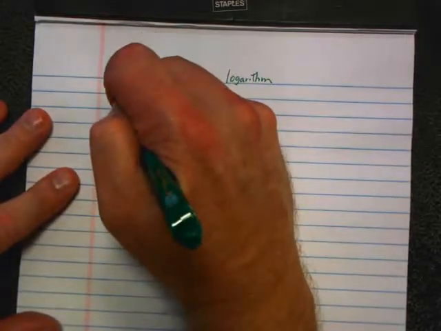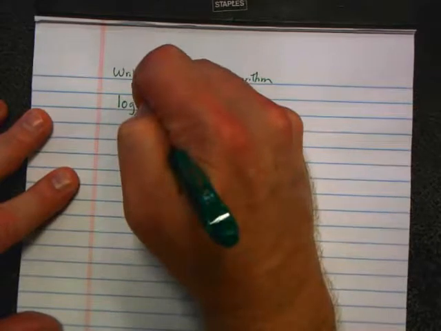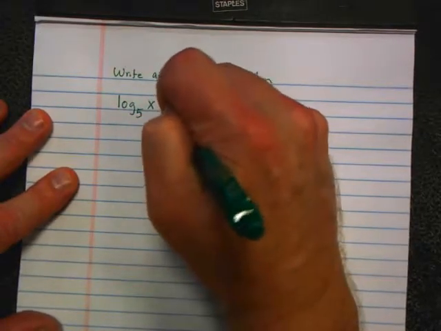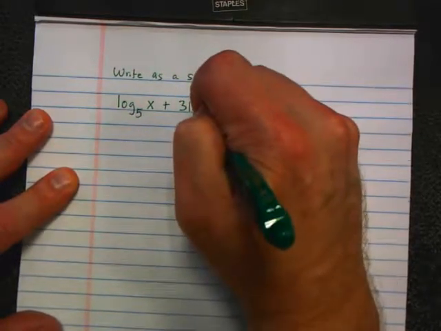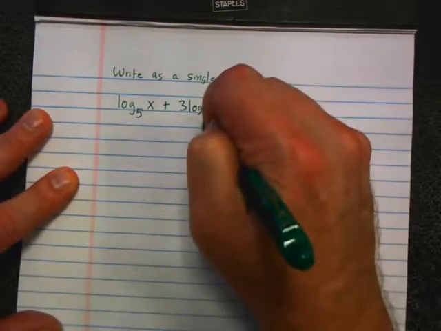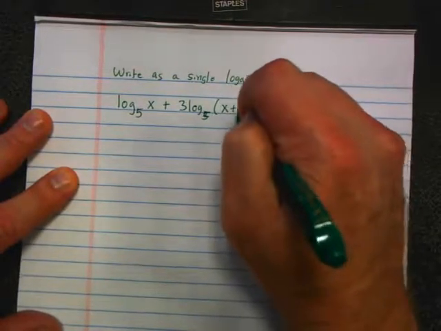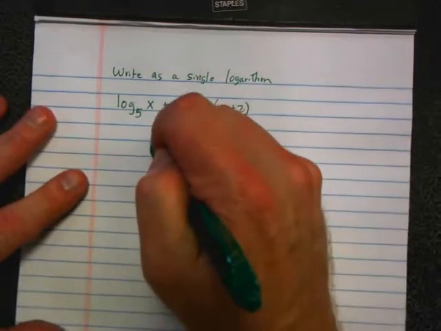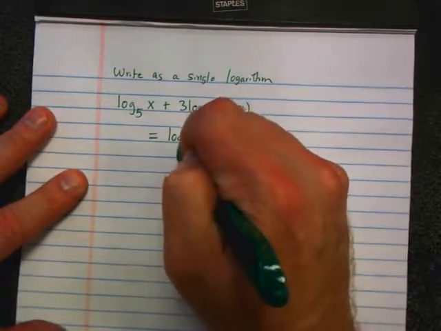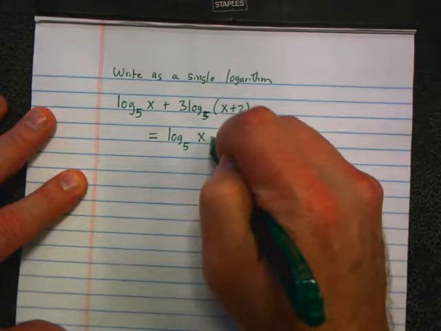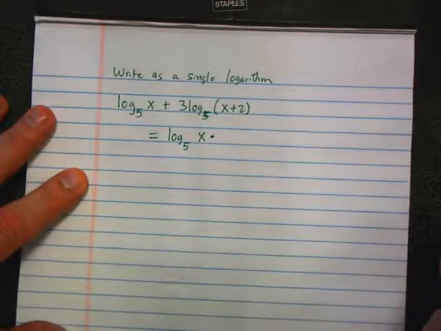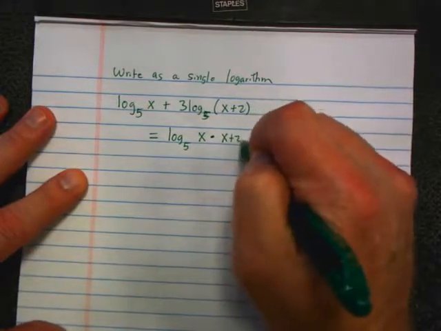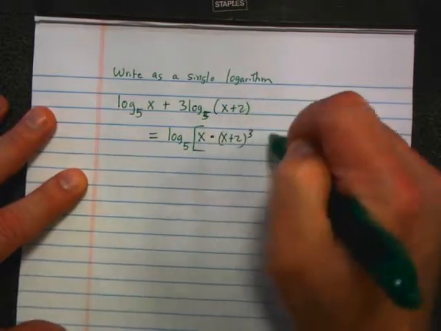So you might have log base 5 of x plus 3 log base 5 of x plus 2. So it would be log base 5 x, sorry, x plus 2.